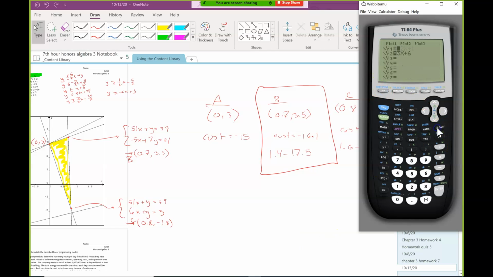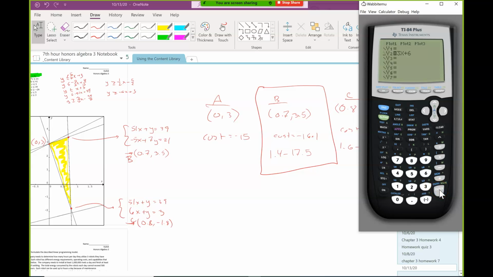So, for example, if I wanted to graph y is, let's say, greater than 3x plus 6. If it's a greater than, I'd be shading above, right? So what I'm going to do is move my cursor over so it's on that little line before the y, and I'm going to press enter and cycle through the options here.